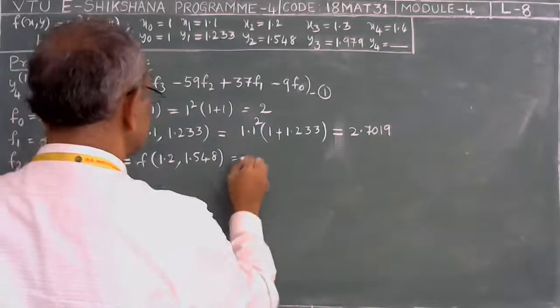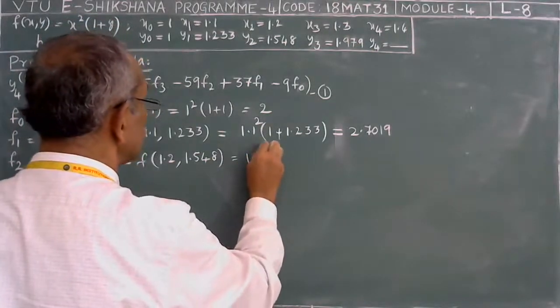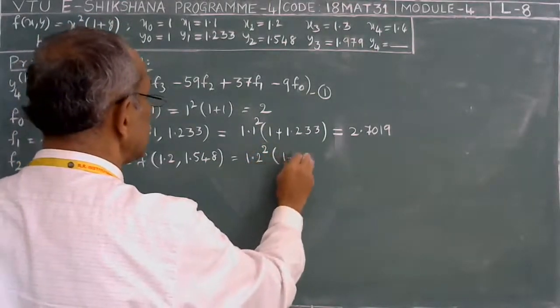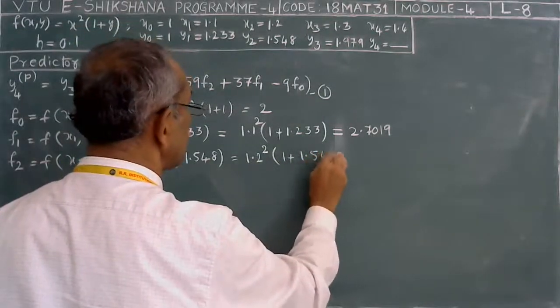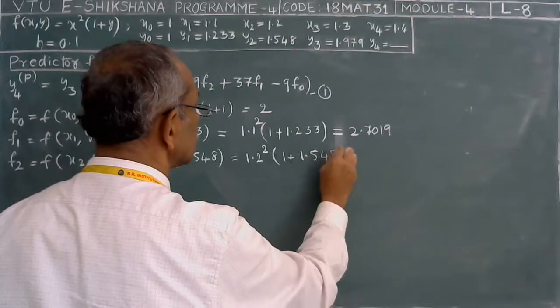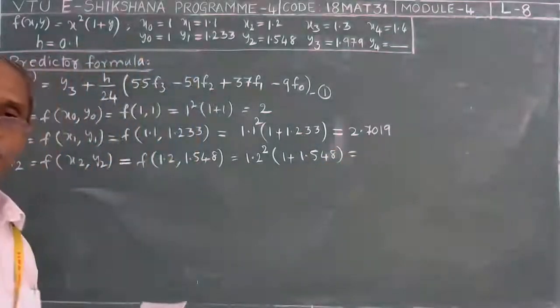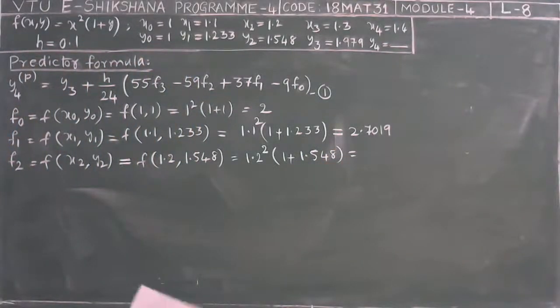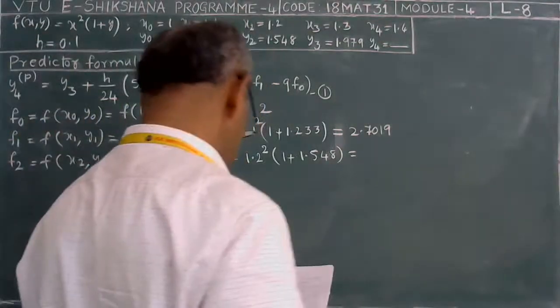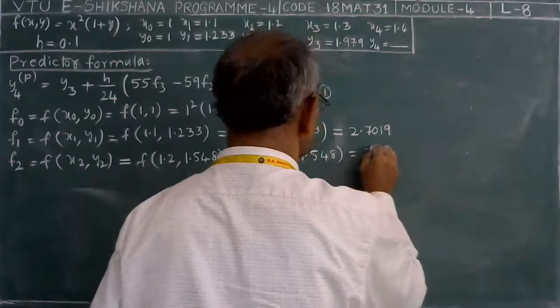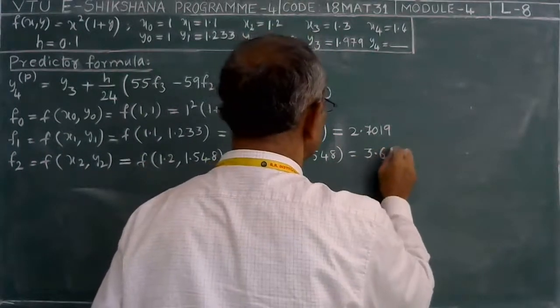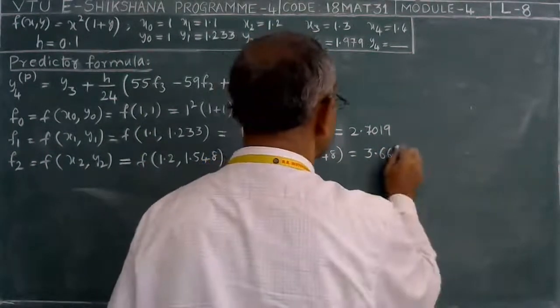By definition, this is 1.2 square into 1 plus 1.548. If you carefully compute using calculator, this will be equal to 3.6691.